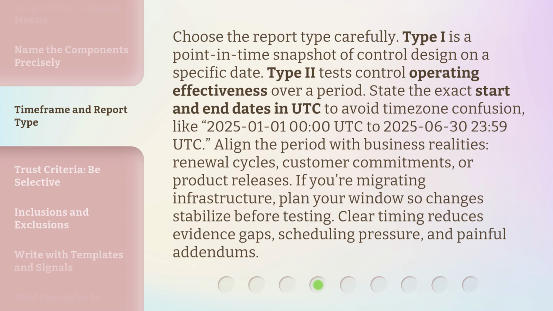Align the period with business realities, renewal cycles, customer commitments, or product releases. If you're migrating infrastructure, plan your window so changes stabilize before testing. Clear timing reduces evidence gaps, scheduling pressure, and painful addendums.